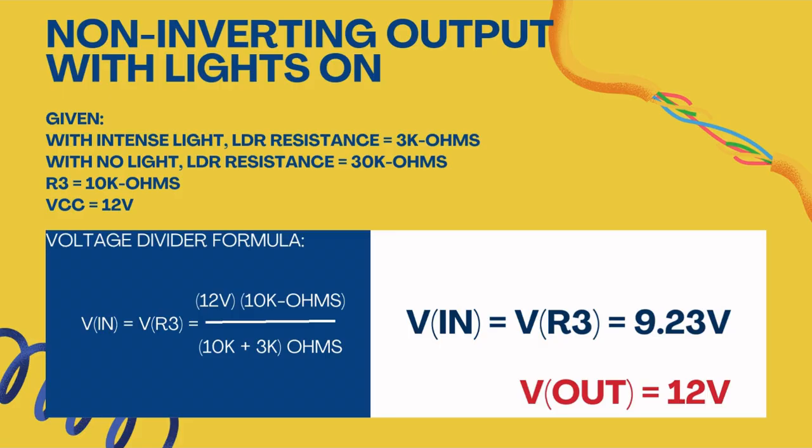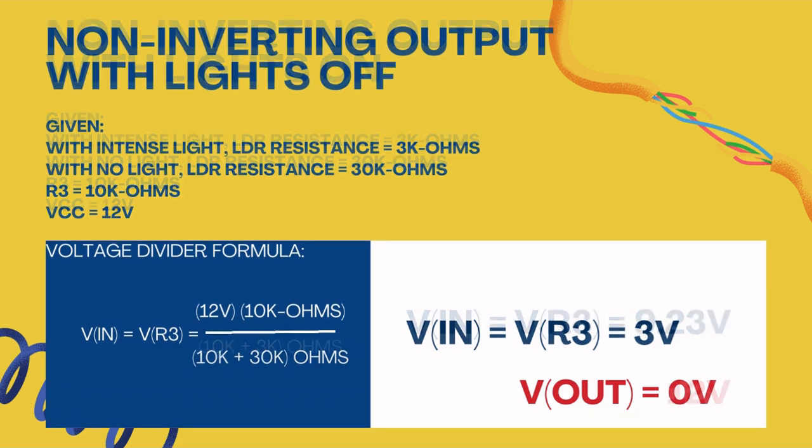However, taking into account the voltage loss because of the signal consumed by the components themselves, the real-life value of the output voltage should be closer to 11 volts. On the other hand, when the lights are off, the value of the non-inverting input is lower than the reference voltage. That is why the output is equal to 0 volts or ground.